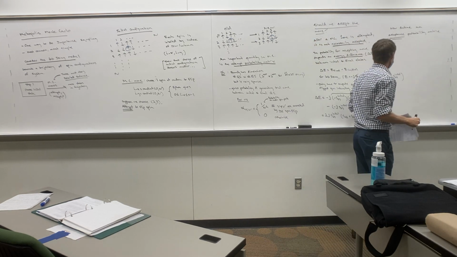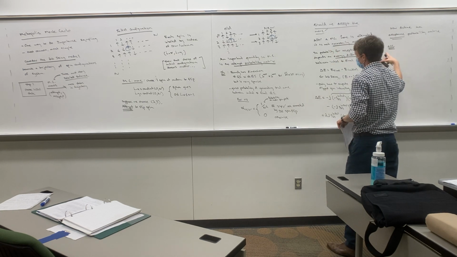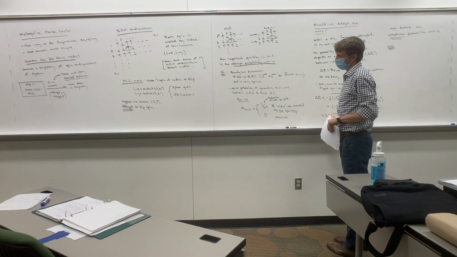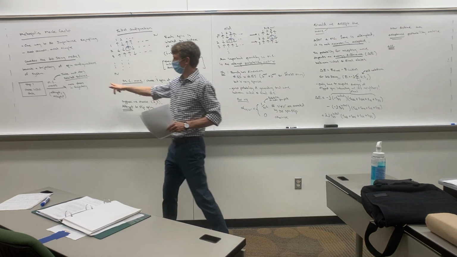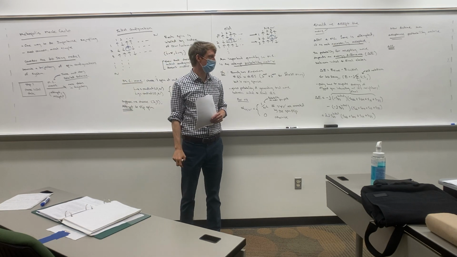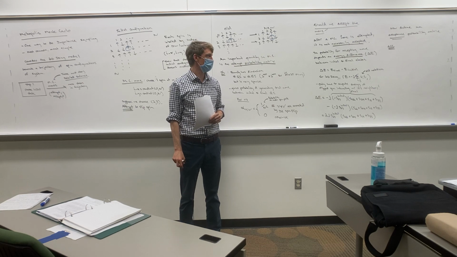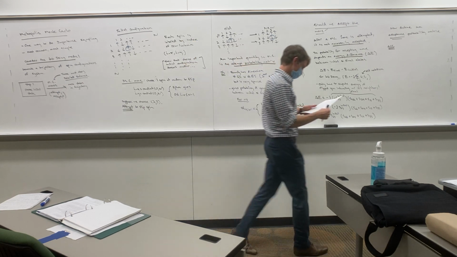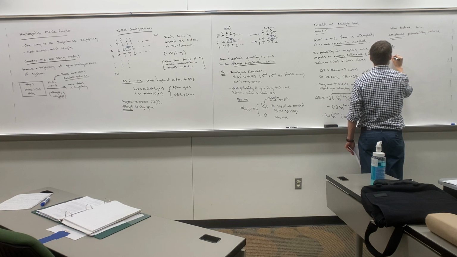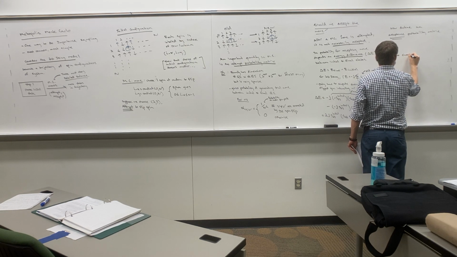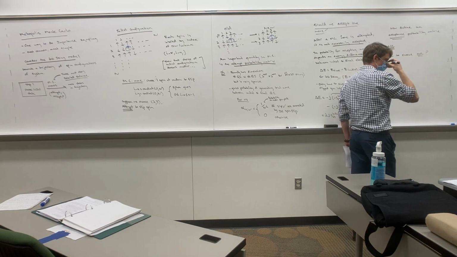Okay? And here's where detailed balance comes in. We don't know how to choose this acceptance matrix. We need to choose it to satisfy the condition of detailed balance. So basically I'm going to tell you what the condition of detailed balance is, and then from that condition we can work out how to choose this matrix, and it must satisfy detailed balance.